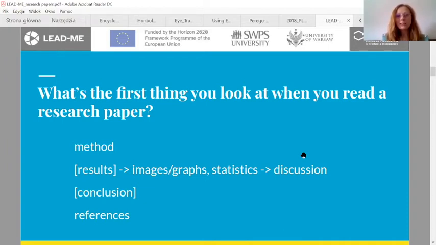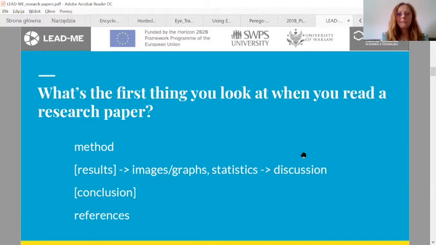Because in the references, you will have more literature that would be of interest to you, depending on a given topic or part of the topic that is discussed in the paper, for example, in the introduction, in the theoretical background, or maybe in the methodology part, where the authors, for example, explain why they use a given variable or a given method, and cite literature, right? So this is a very useful section.